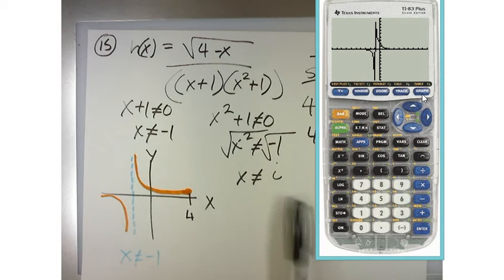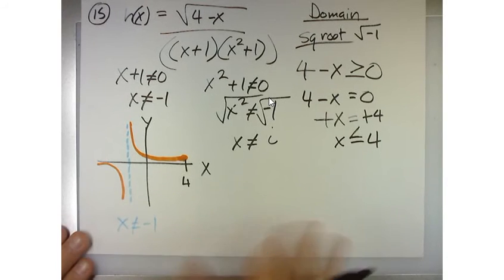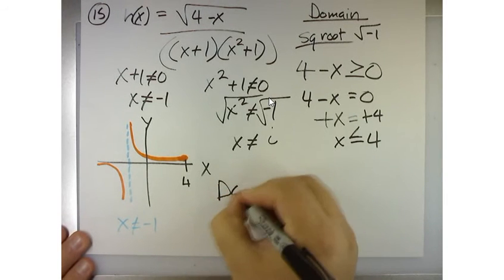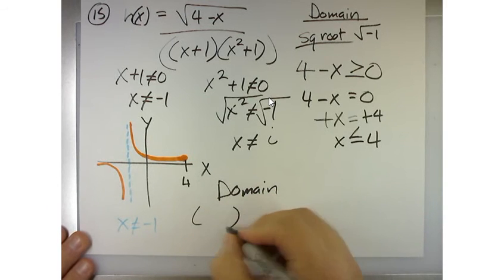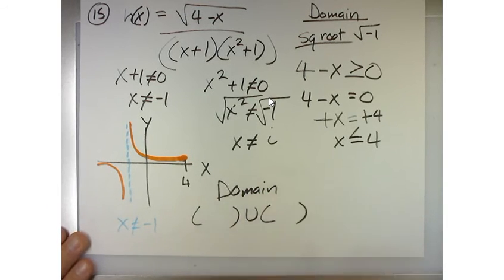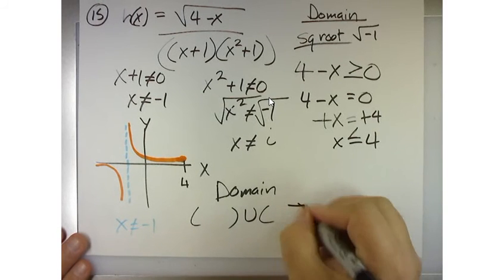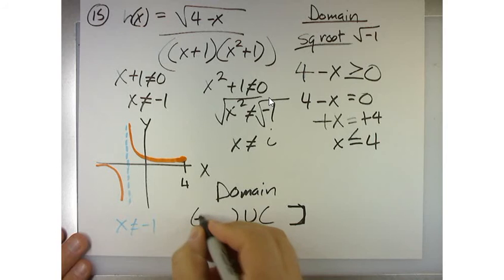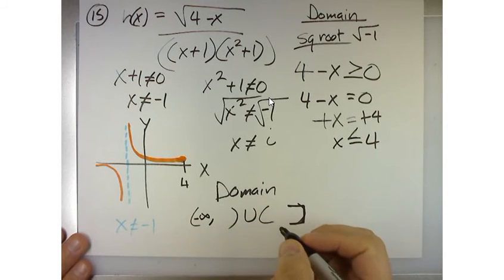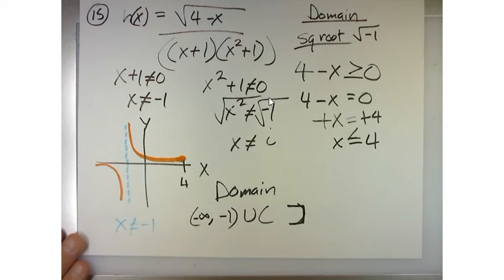So now how do I write that in interval notation? Well, my domain is, what's the first part I put in here? Help me fill in the parentheses. What goes here? Negative infinity to -1. Am I including the -1?